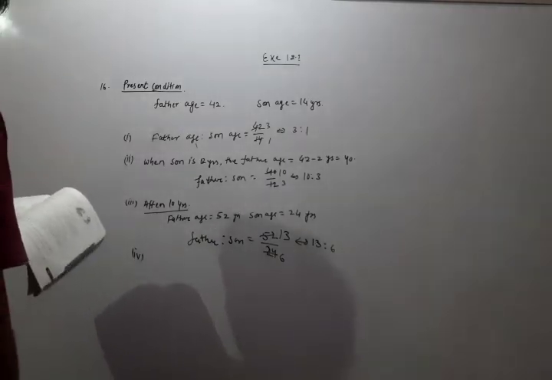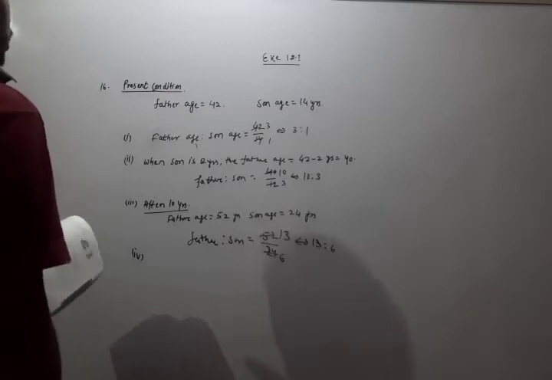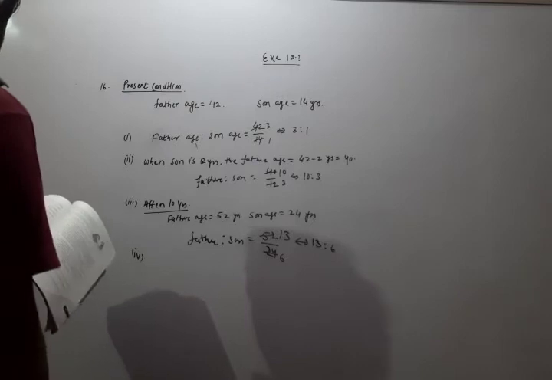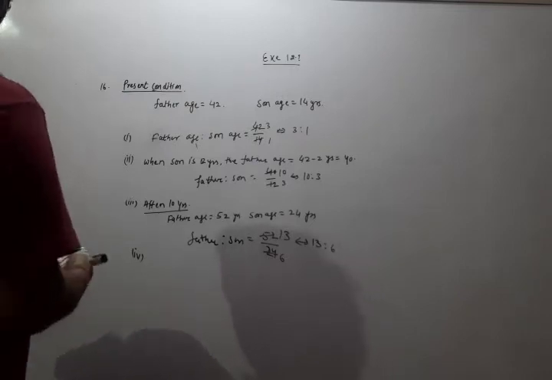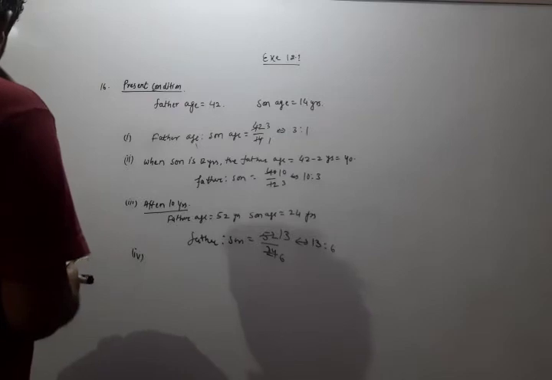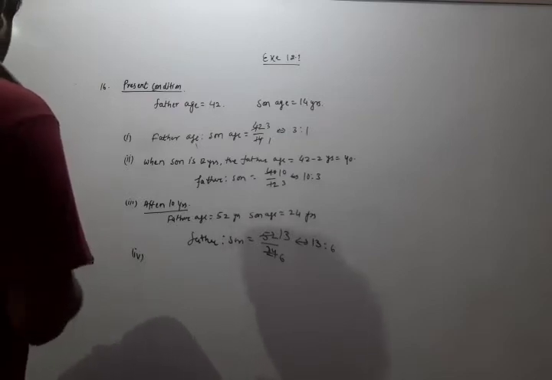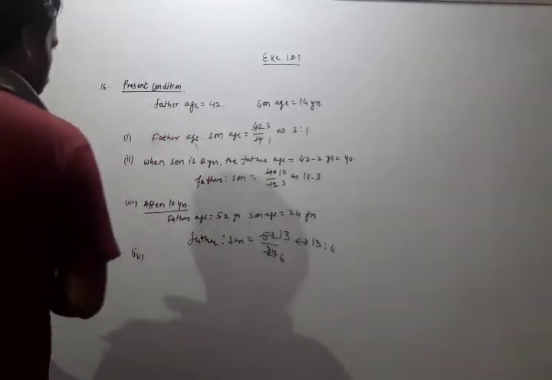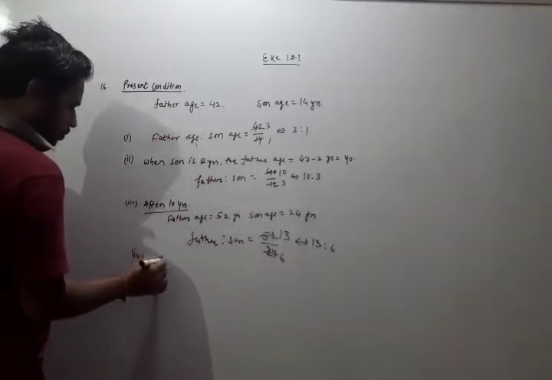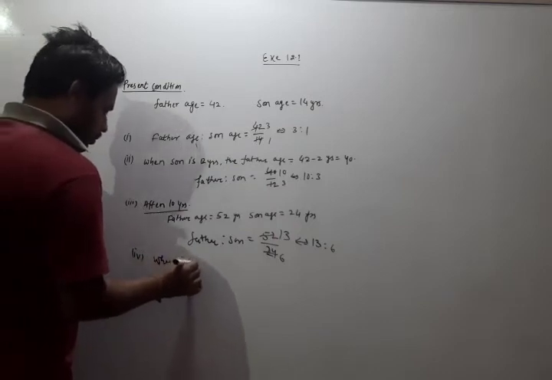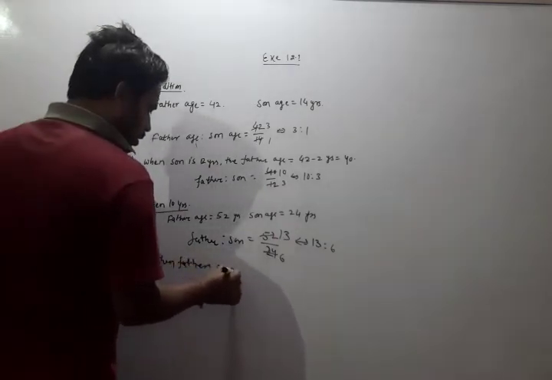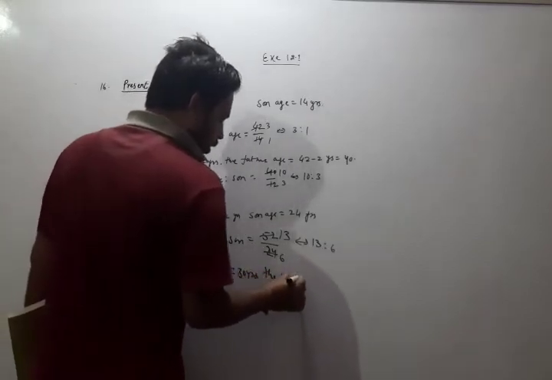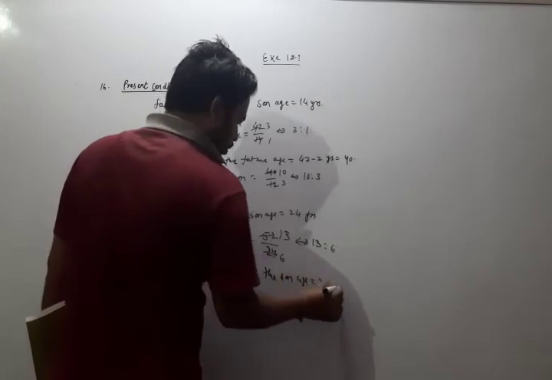Question 4: age of father and son when father is 30 years old. When father will be 30 years old, son's age will be 2 years.